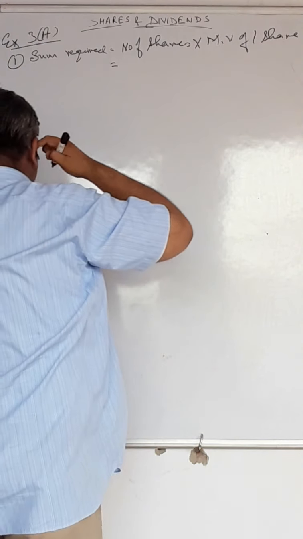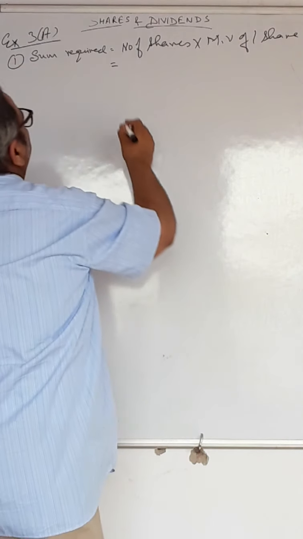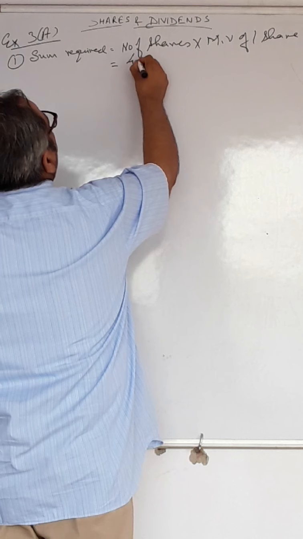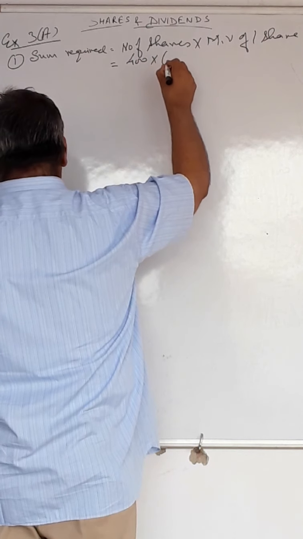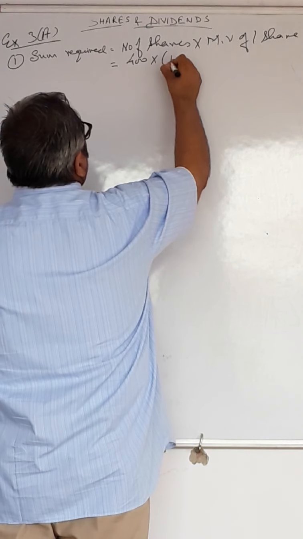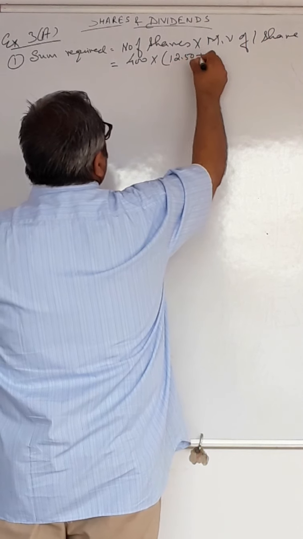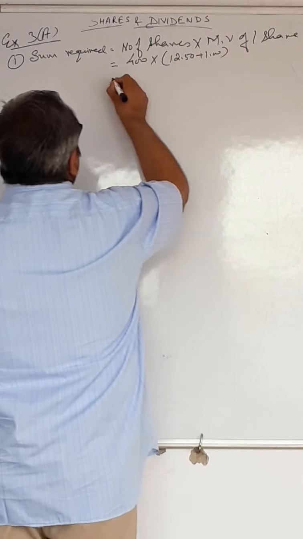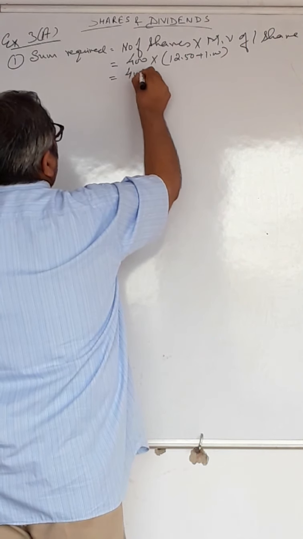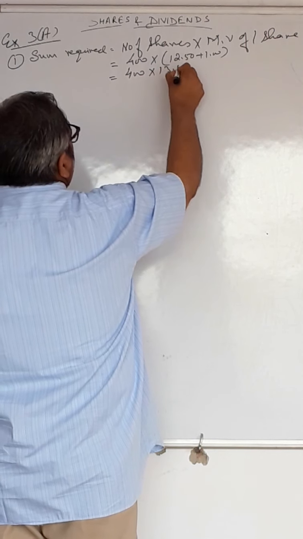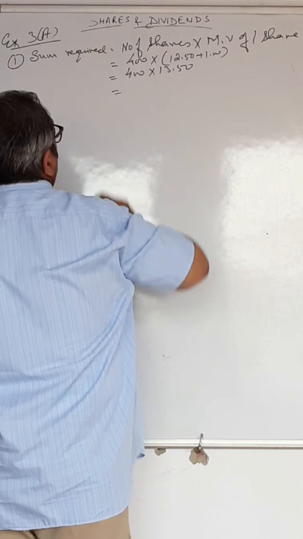Here number of shares are 400 into 12 rupees 50 paisa plus 1 rupee, 400 into 13 rupees 50 paisa.